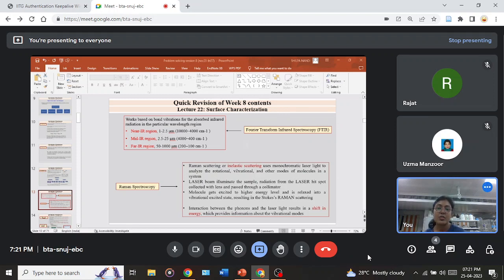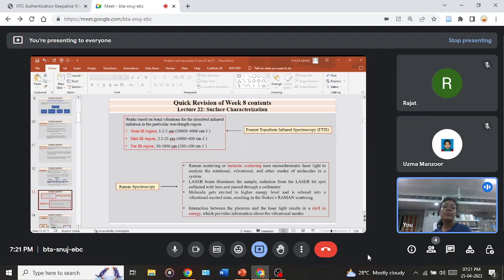In the case of Raman spectroscopy, Raman scattering or inelastic scattering uses monochromatic laser light to analyze the rotational, vibrational, and other modes of molecules in the system. This Raman effect is due to the interaction between the photons and the laser light, which results in a shift in energy that provides information about the vibrational modes.